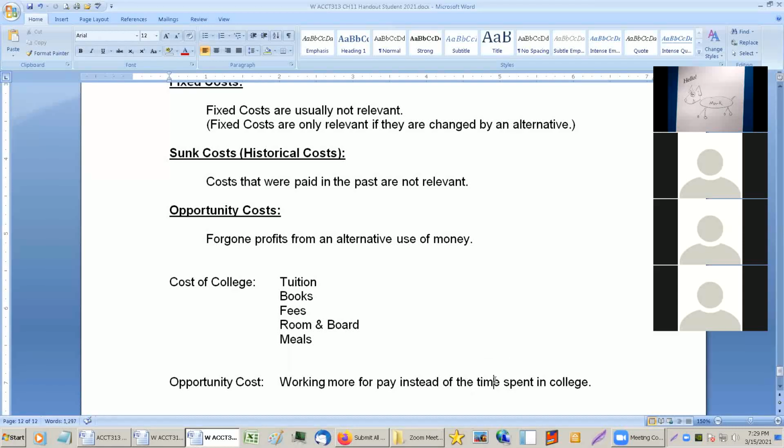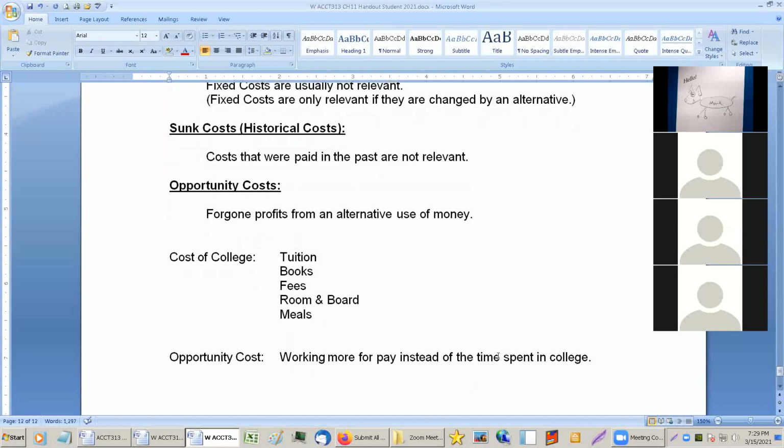Instead of taking the time to study and go to classes and all that kind of stuff, you could take that same time and work. So that's an opportunity cost.